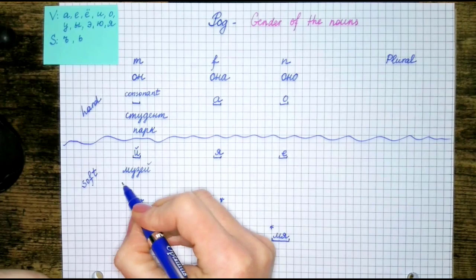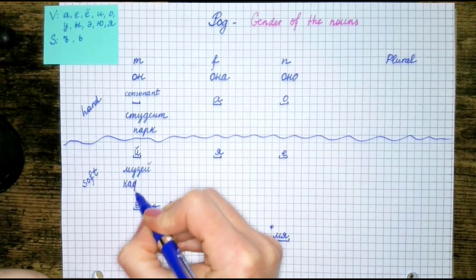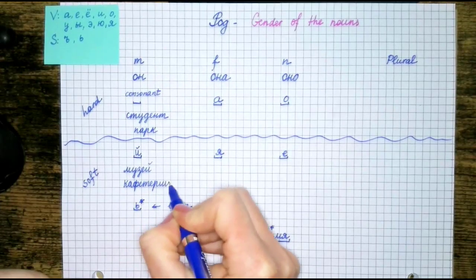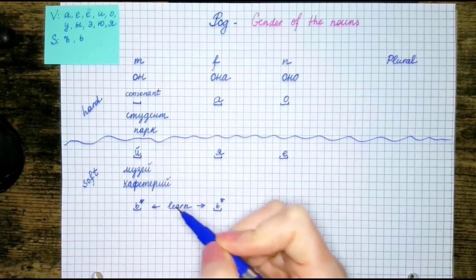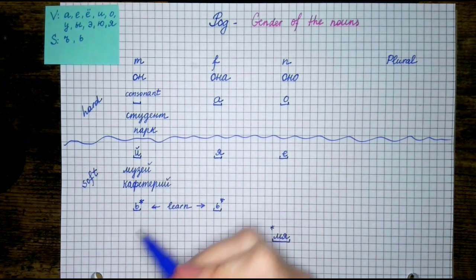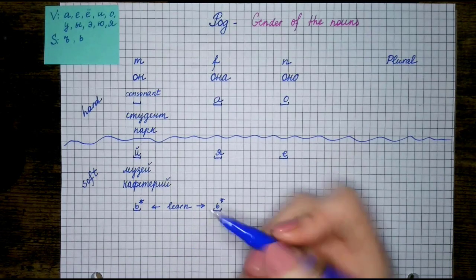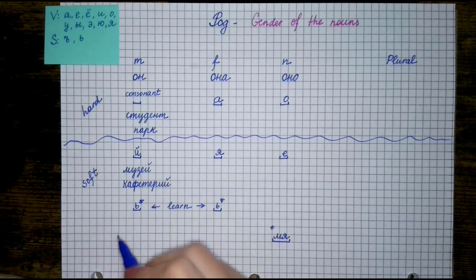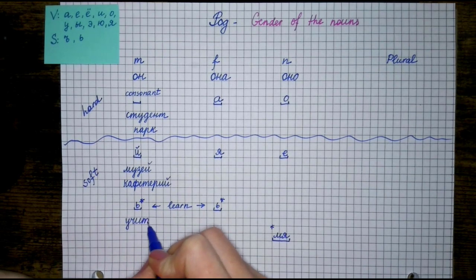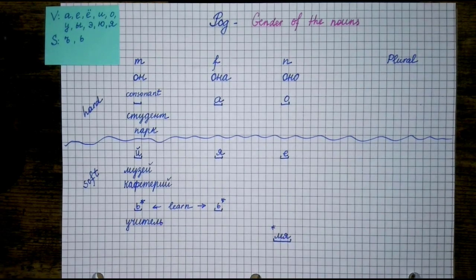And I'm gonna write the word cafeteria. It's like a little cafe, usually at a college or university or at a company. Cafeteria. And for the soft sign, I read the word учитель, teacher. It's an important one to know, right?